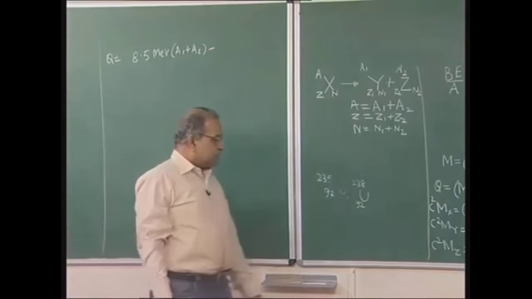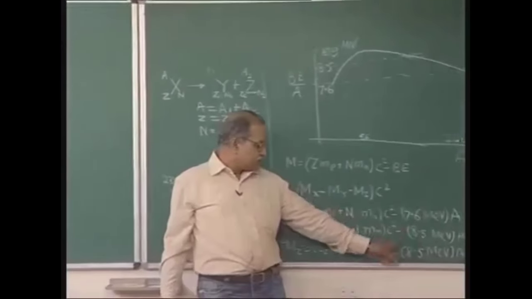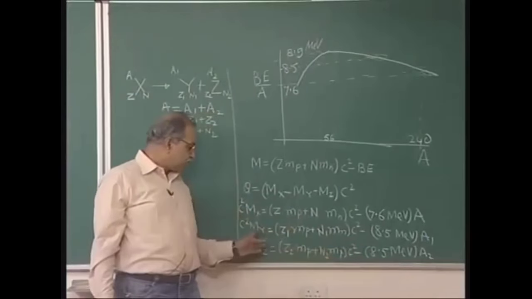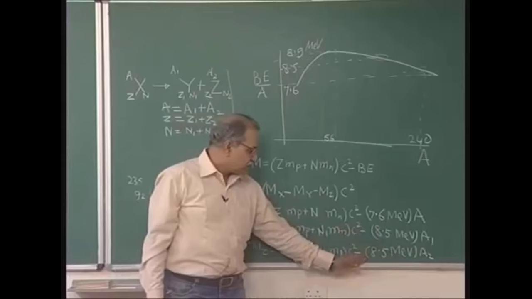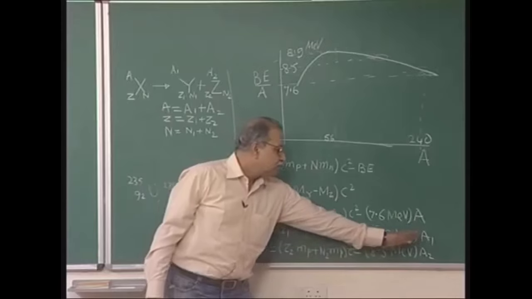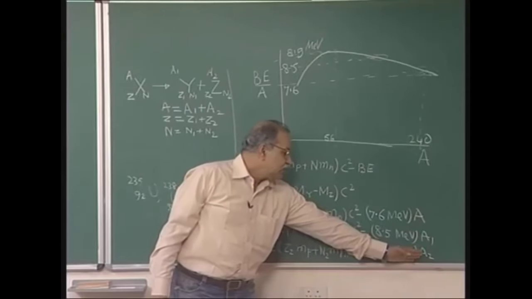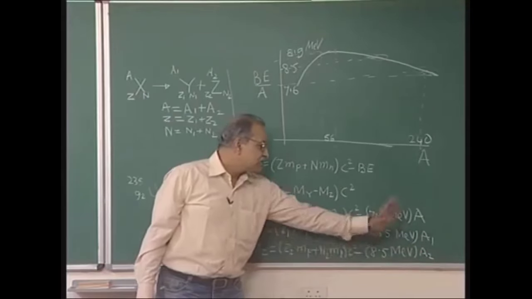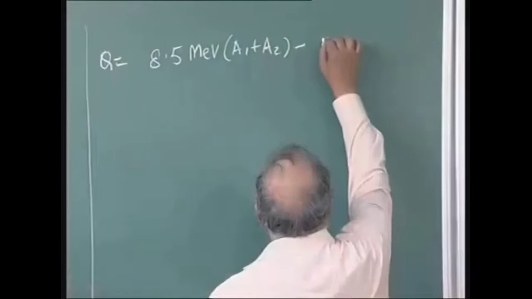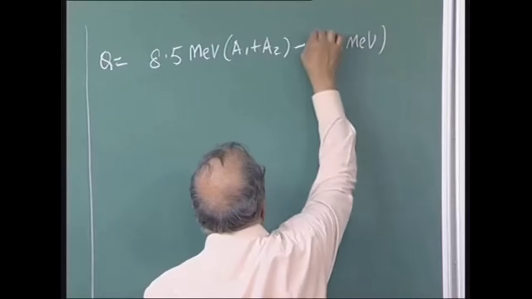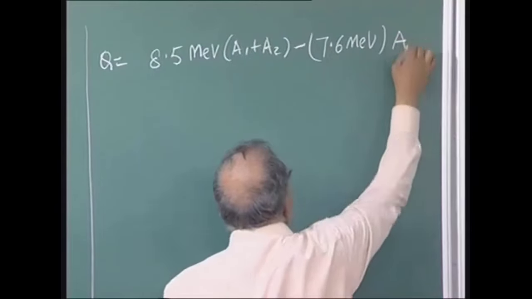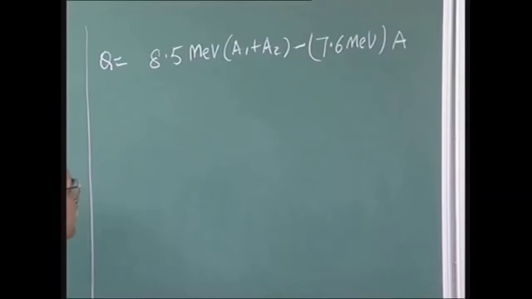I have written these last two terms, this minus has become positive because I am subtracting these two quantities from this first one. So, these are positives, 8.5 MeV into A1 plus A2 and minus 7.6 MeV into A.